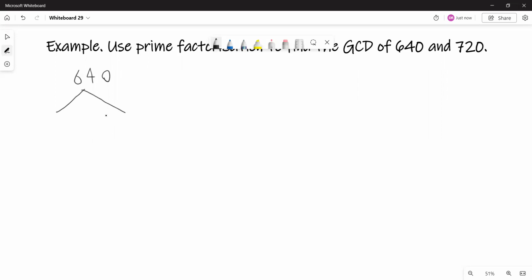If it ends at 0, 640 can be factored as 64 times 10. So if it ends at 0, it's divisible by 10. And then 10 as a product of primes is going to be 2 times 5. Once we only have primes at the end of the branches, we stop there. 64 is 8 times 8. And 8 factors as 2 times 2 times 2.